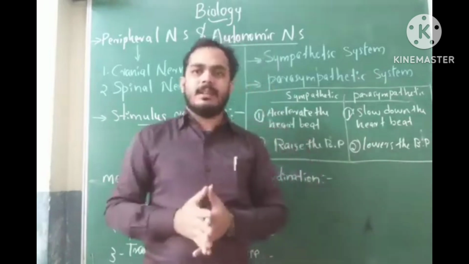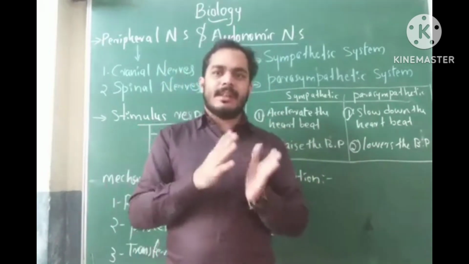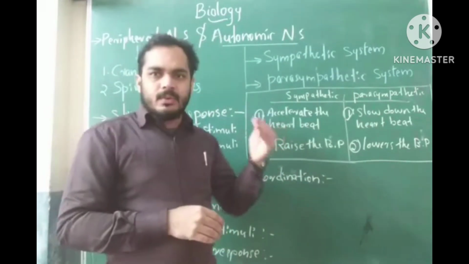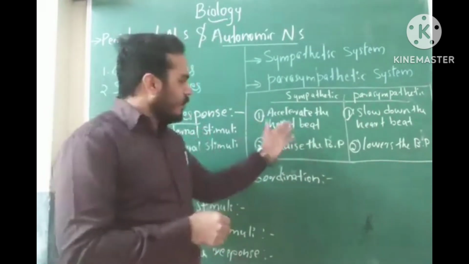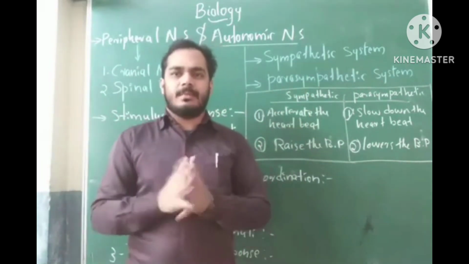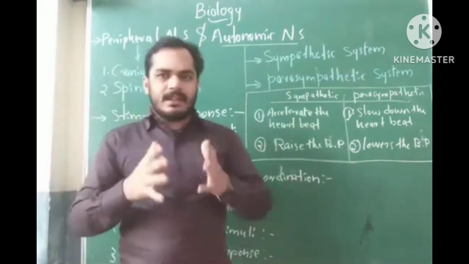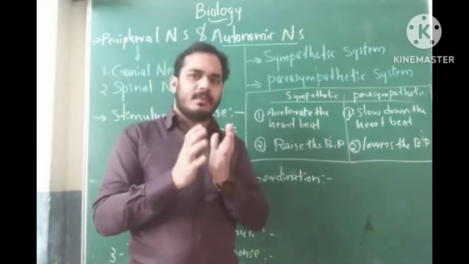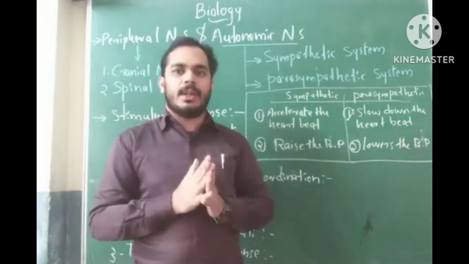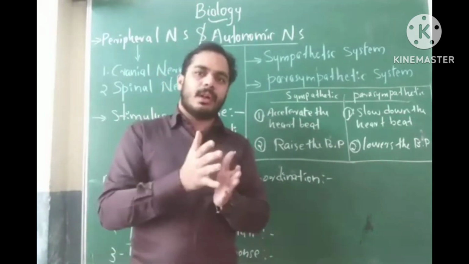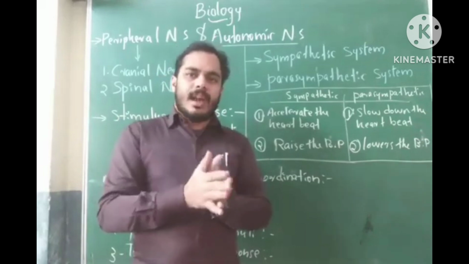I will explain the parasympathetic and sympathetic systems. There are two actions given here. The sympathetic system produces some of the actions done in the body, and the parasympathetic action controls the sympathetic action.